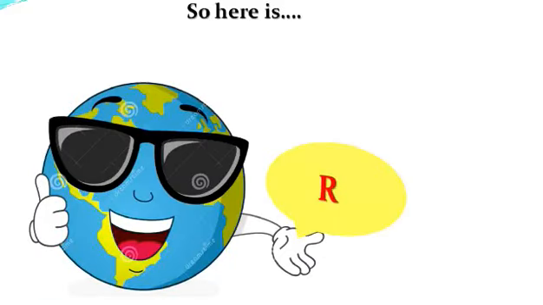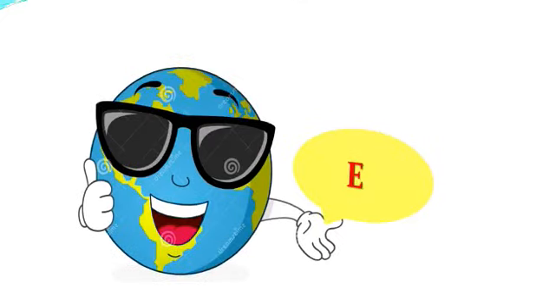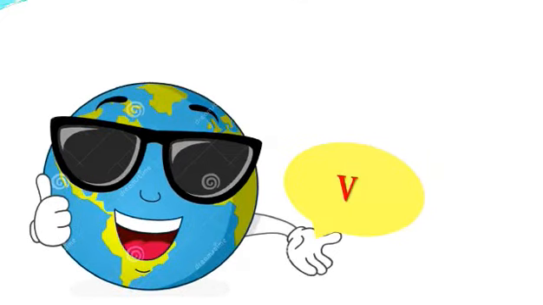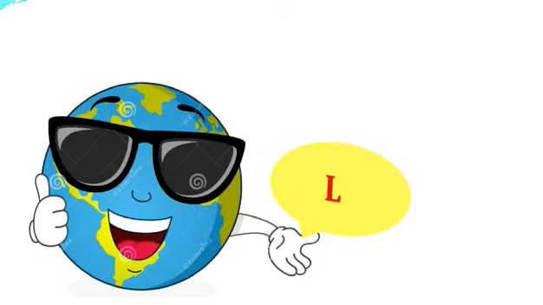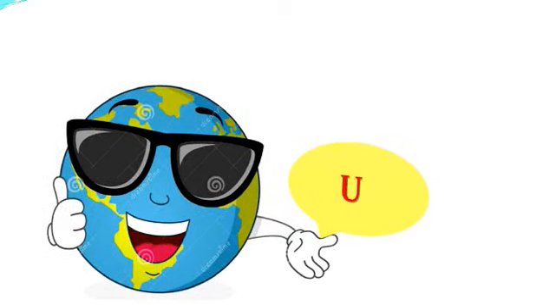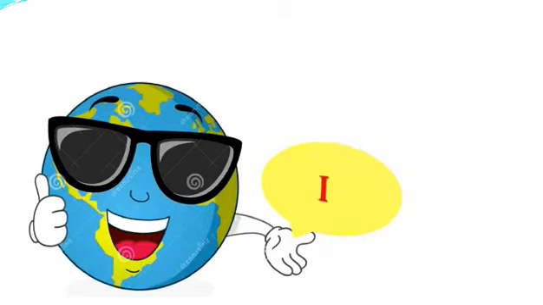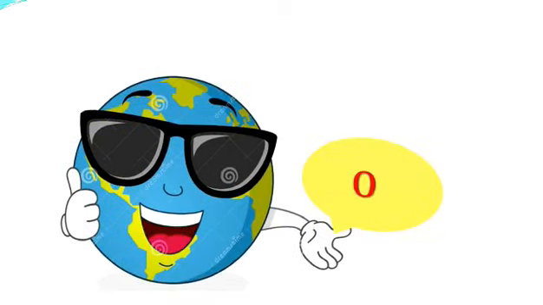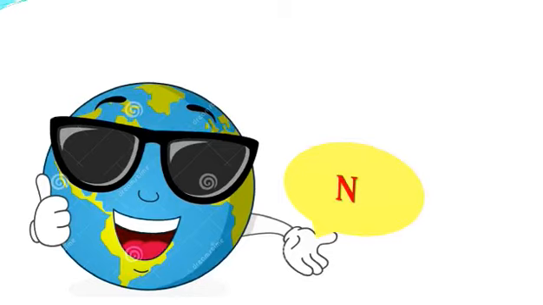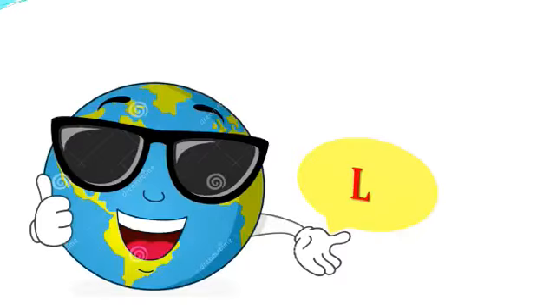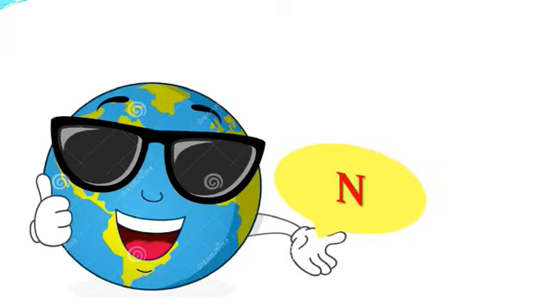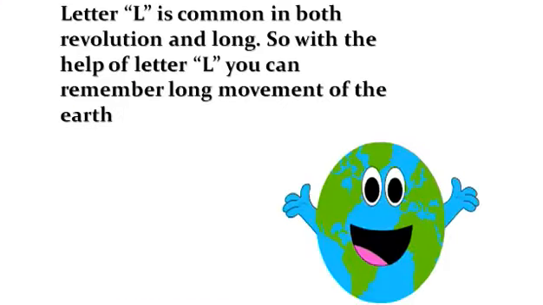So here is R, E, V, O, L, U, T, I, O, N. Spelling of long: L, O, N, G. Letter L is common in both revolution and long.